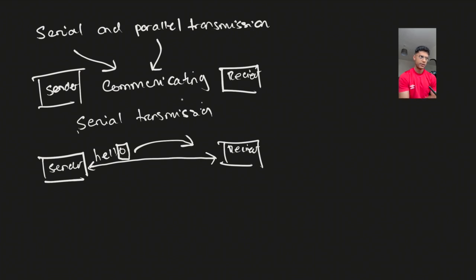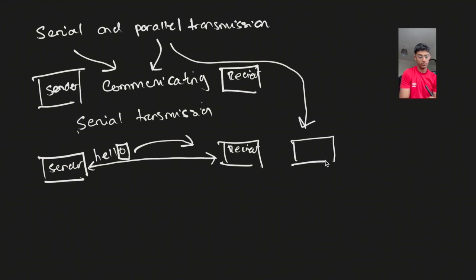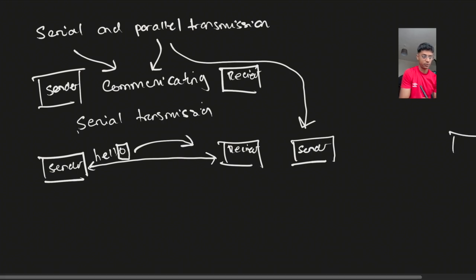However, in parallel transmission, it's a bit different. We have a sender and a receiver. But instead of having only one line for communication, we have a number of lines. We have maybe 1, 2, 3.